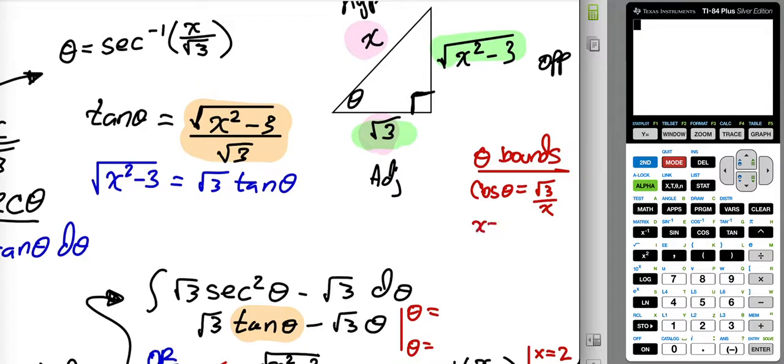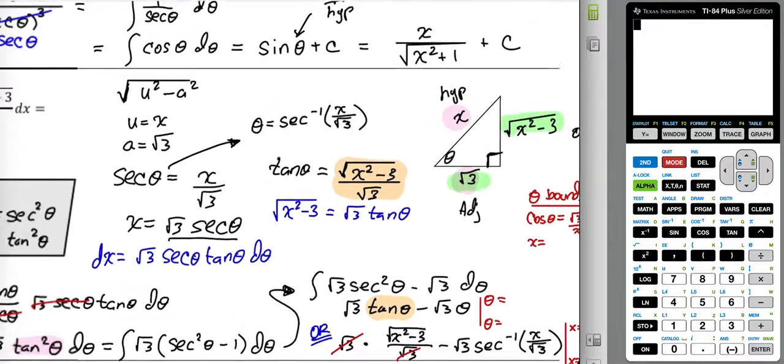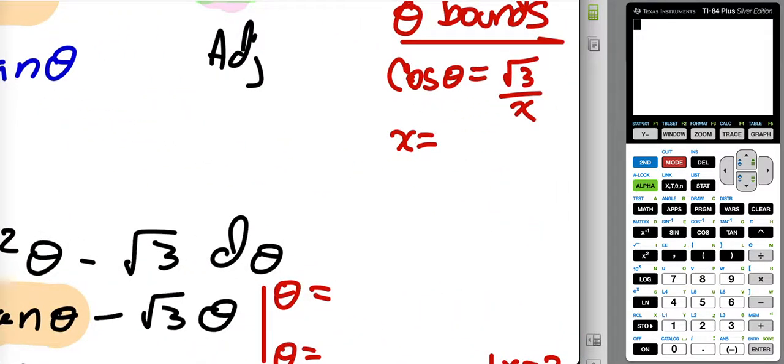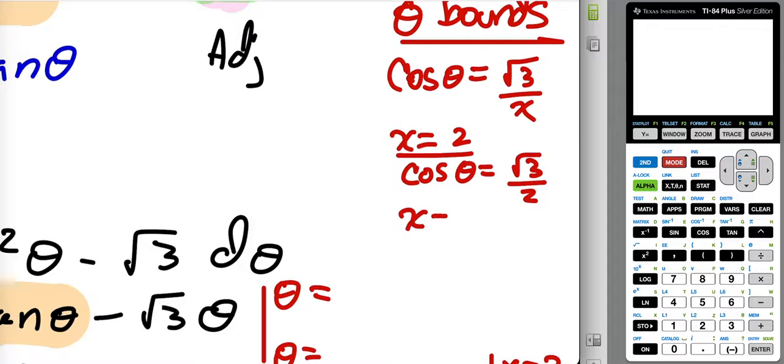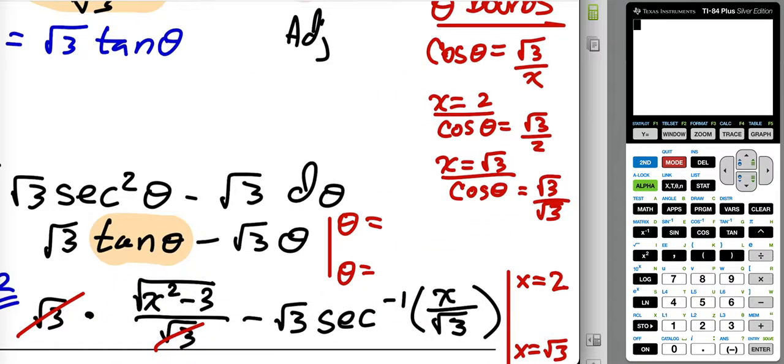So if x is equal to 2, then cosine of theta is equal to radical 3 over 2. If x is equal to radical 3, then I'd have cosine of theta equal to radical 3 over radical 3, which is 1.